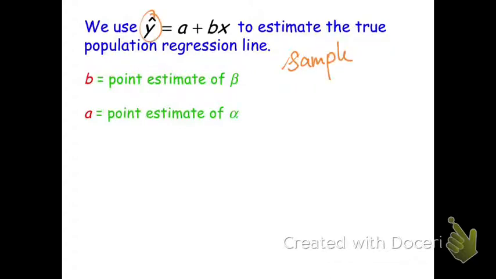The hat and no Greek letters. So A is the point estimate of alpha, which is your y-intercept, and B is the point estimate of beta, which is your slope. So sample slope, sample y-intercept.